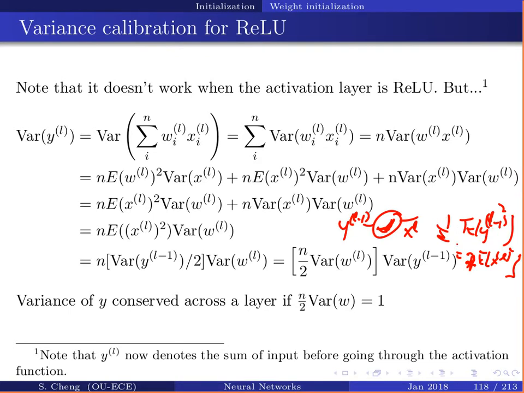And if YL is zero mean, then this expectation will just equal the variance, right? Because the variance of W is the expectation of W squared minus the square of the expectation of W, so if the variable is zero mean, these two values will be the same. So this will just be equal to the variance of YL minus 1.